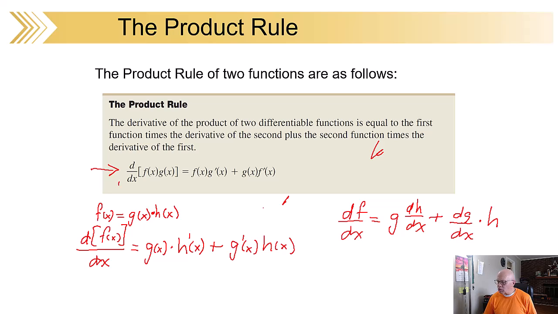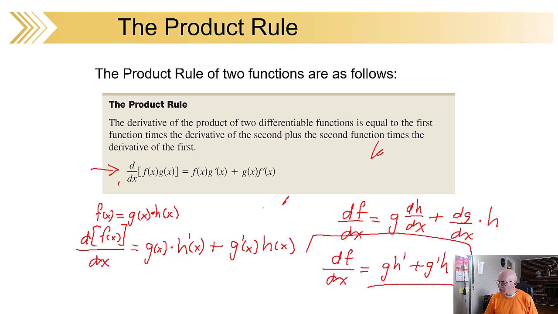Whichever one of those really hits you the best, stick with that, or you could use what I put on the board. If you want the derivative of f with respect to x, g times h prime plus g prime h. There's a simple version. You might like to remember it like that. Nice and simple.